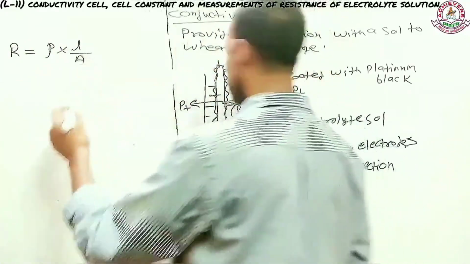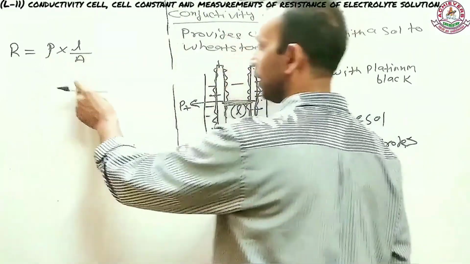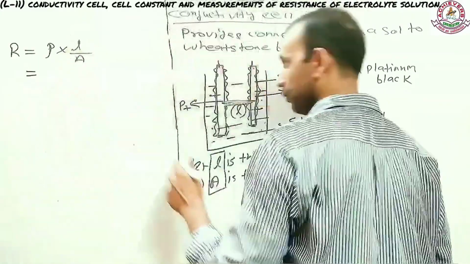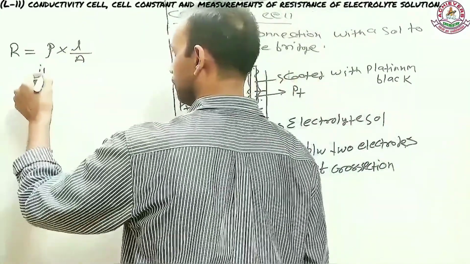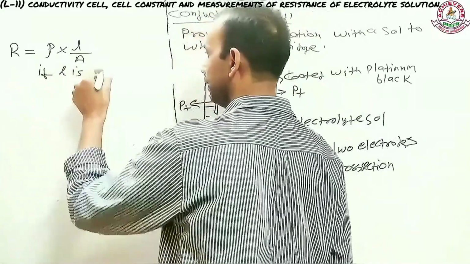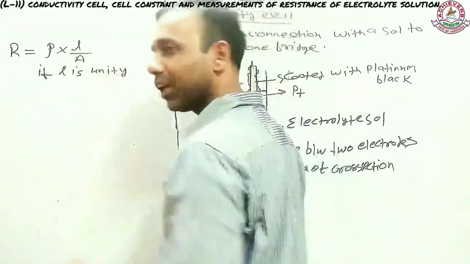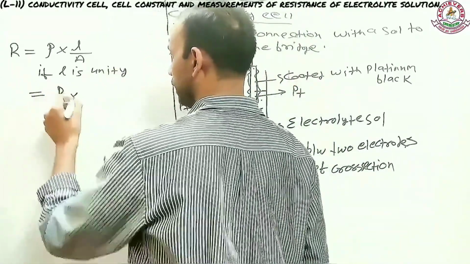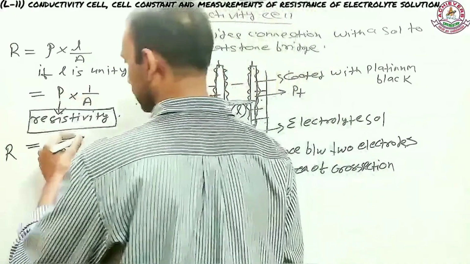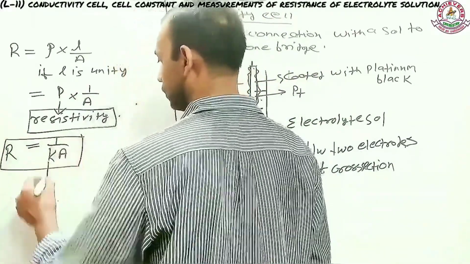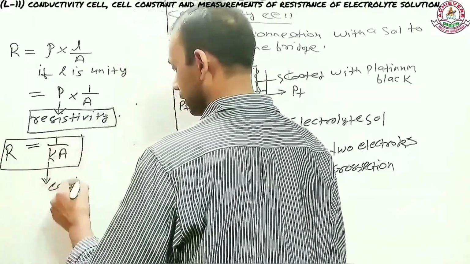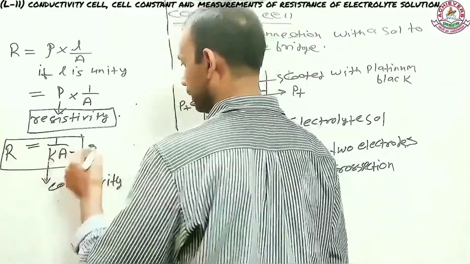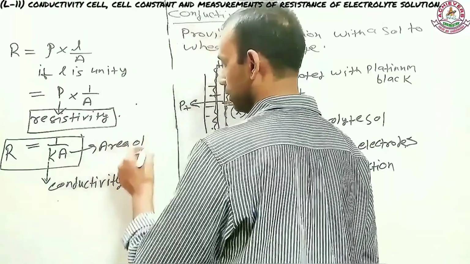Now the question is, with this formula we can find out L by A. Now what I'm going to do is, if L is unity, that means 1 centimeter or 1 meter maybe, then this becomes rho into 1 by A. If you remember what this K was, this is your conductivity. What is A here? Area of cross section.